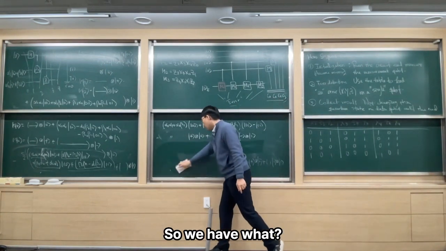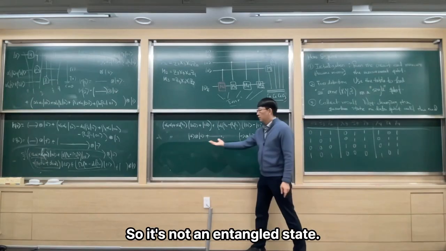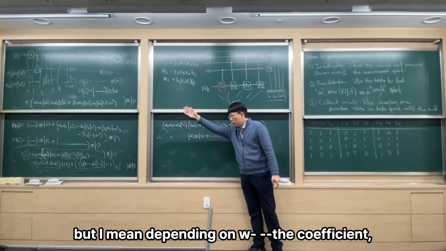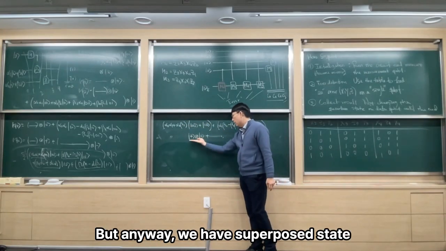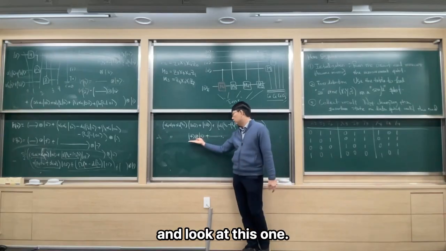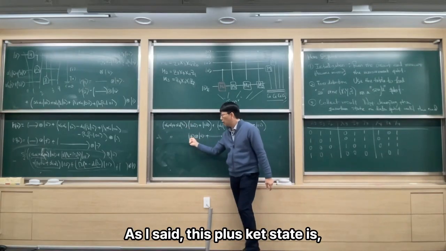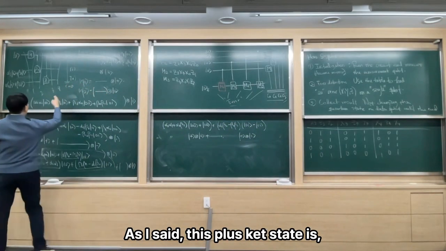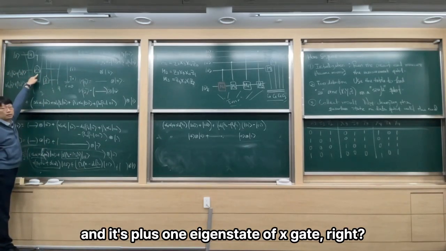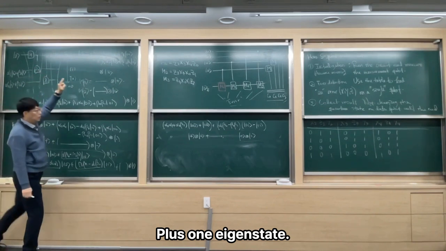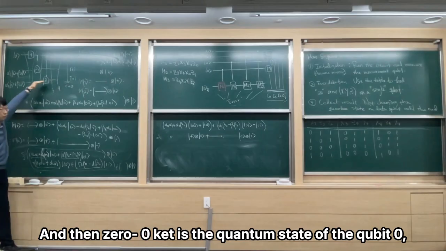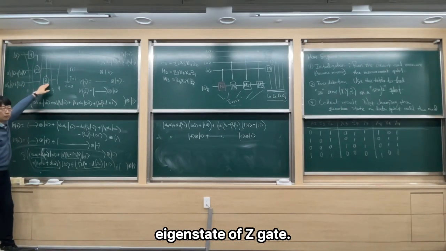So we have what? It's an entangled state, but depending on the initial coefficients, it could or could not be. But anyway, we have a superposed state of these two quantum states. And look at this one. As I said, this plus ket state is for the qubit 1, and it's a plus 1 eigenstate of the X gate. And then 0 ket is the quantum state of the qubit 0, and it's the plus 1 eigenstate of the Z gate.